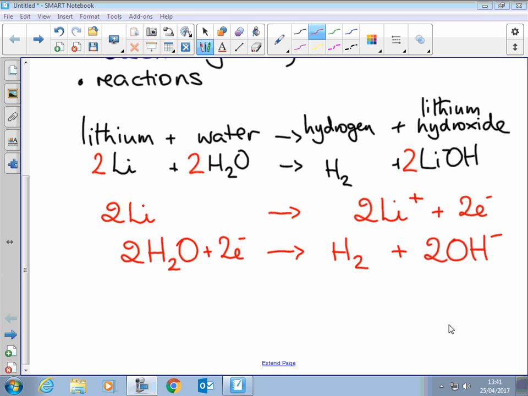Now, I suppose the nearest we've come to this so far was the reaction you did in the rates bit, the thiosulfate one, where the thiosulfate ion produced sulfur and sulfur dioxide.